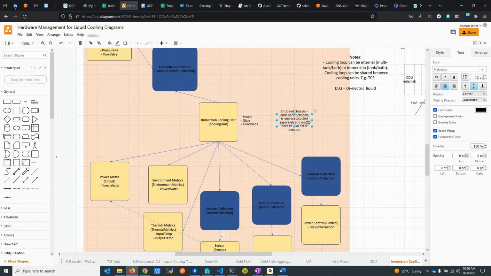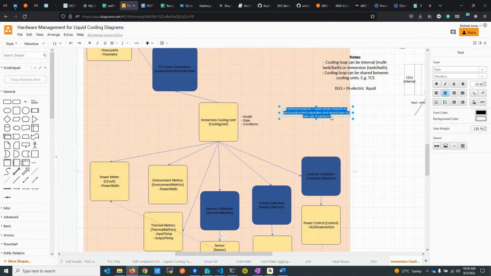So it's conceptually similar to what you have with cold plate, except that it's physically in a bath, right? Correct. Yeah. Okay. The chassis is the tank, right? If you look at it, each unit would be immersed, and the chassis is the tank for the enclosed chassis.